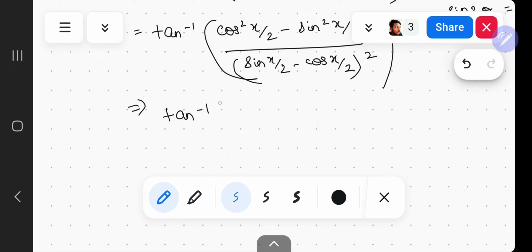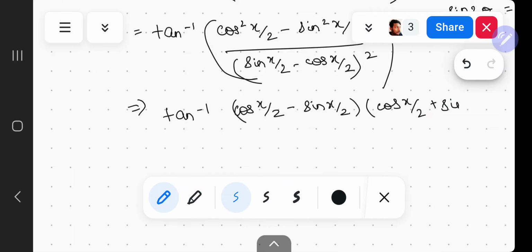So one of the terms we'll be getting is cos x by 2 minus sin x by 2. Okay, so I won't skip the step. I'll write it sin x by 2. We have factorized the part in the numerator.